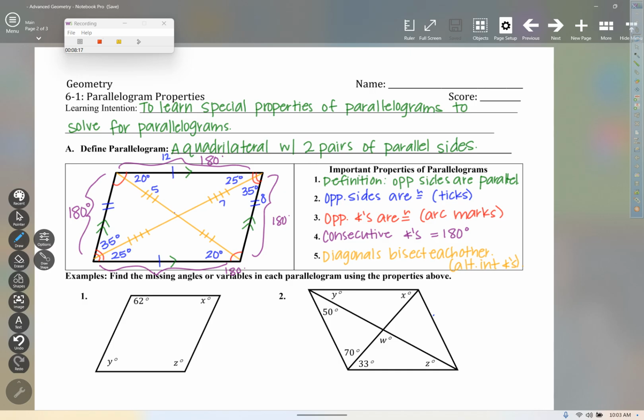So that's something that's super important as we are going through this section: if I have the 180 degree triangle and I subtract the two things inside the triangle, so if you see I have 20 degrees and I have 25 degrees, well, what is that going to give me, guys? It's going to give me 135. So I know that this is 135.